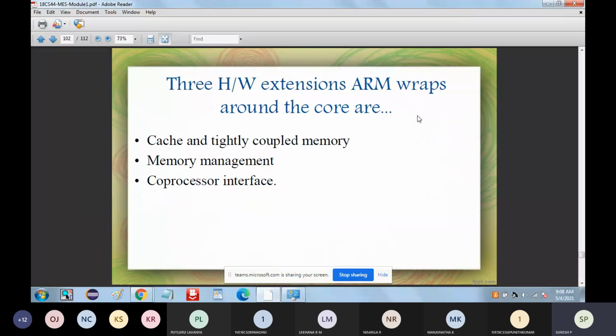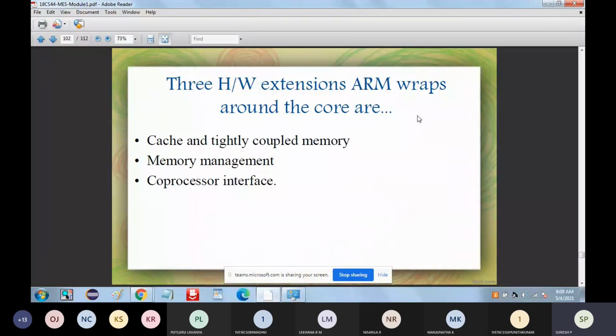There are three hardware extensions which your ARM core is going to have, which are around the core. These three extensions will improve your ARM core, giving improved performance. What are they?